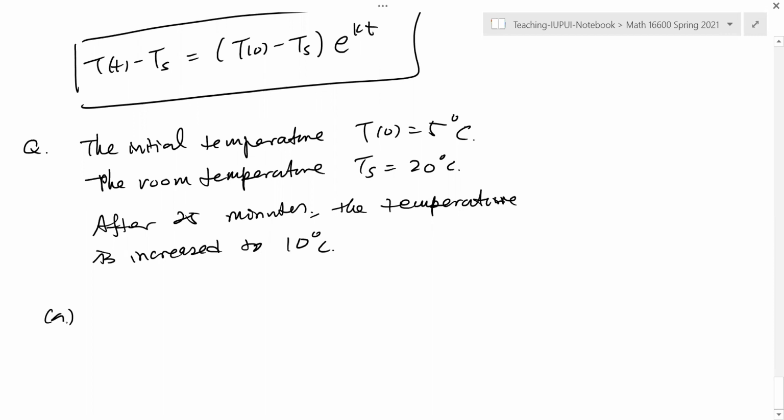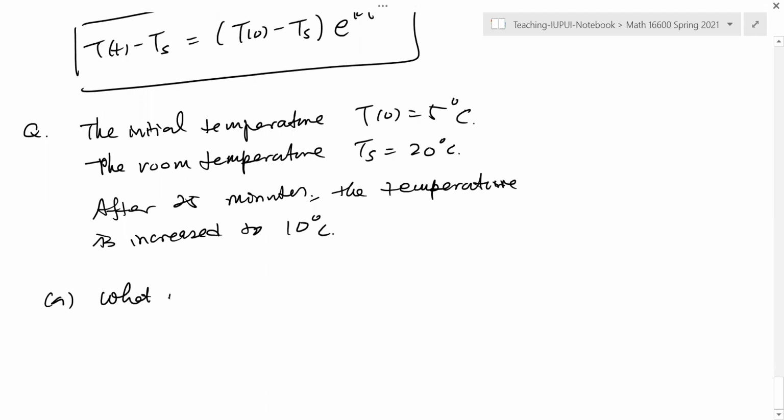Then you have to do some prediction, right? What is the temperature of this object after 15 minutes? When will the temperature be 15 degrees, for example? We have many questions to ask. The first question is, what is the temperature after 50 minutes?